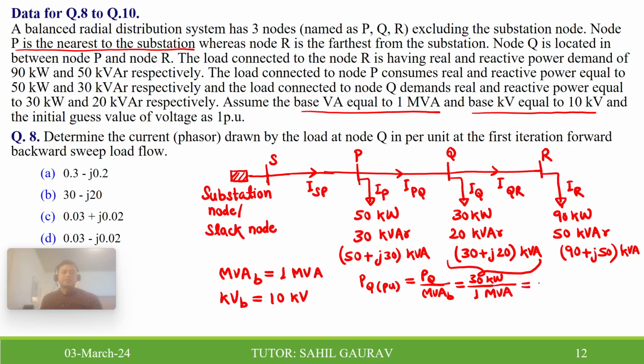So it will come as 0.03. And now the reactive power in per unit at node Q is 20 kVAR divided by 1 MVA. So it is coming as 0.02.